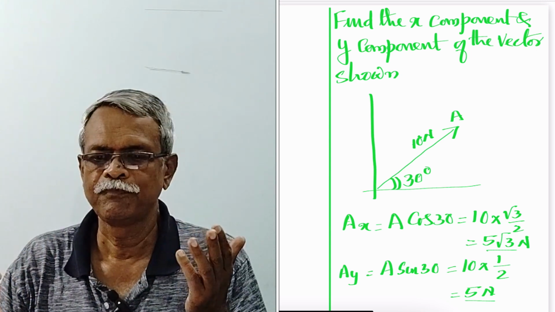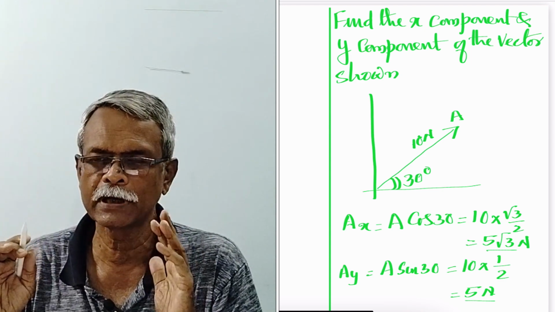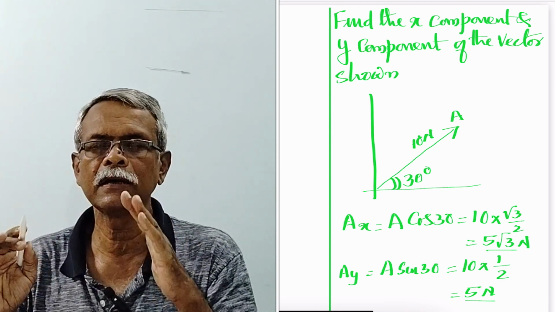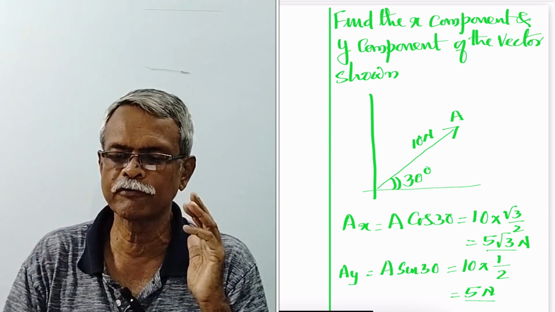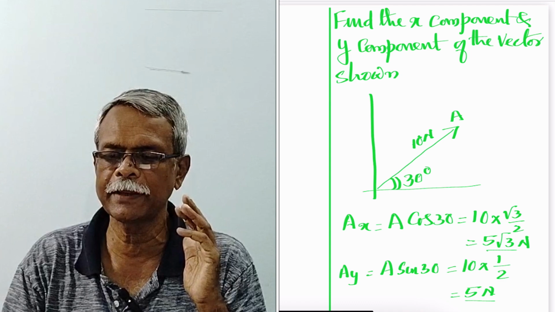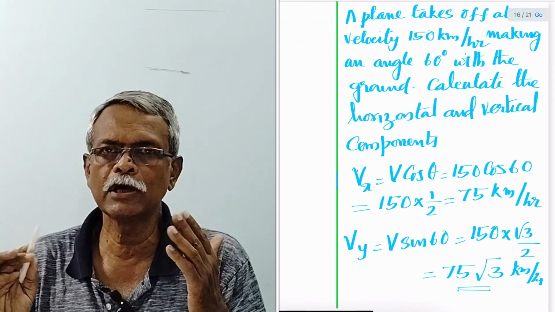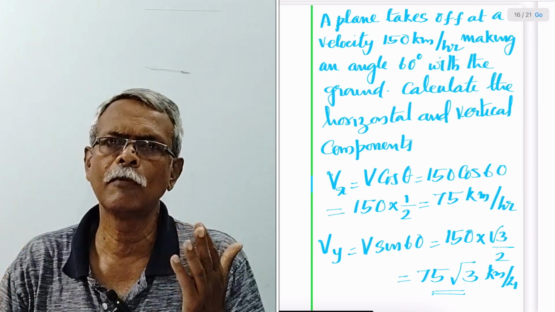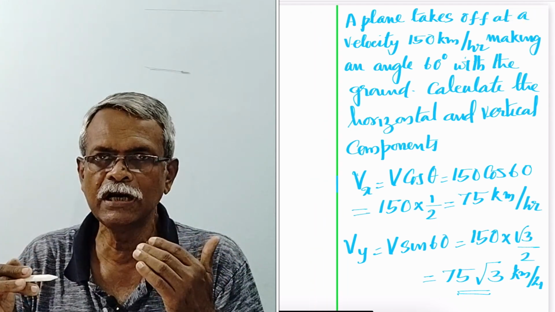A plane takes off at a velocity 150 km per hour, making an angle 60 degree with the ground. This is the ground. This is the taking off of the plane. This angle is 60 degree with the ground. Calculate the horizontal and vertical component. It is same as the previous problem. Vx is equal to v cos theta.